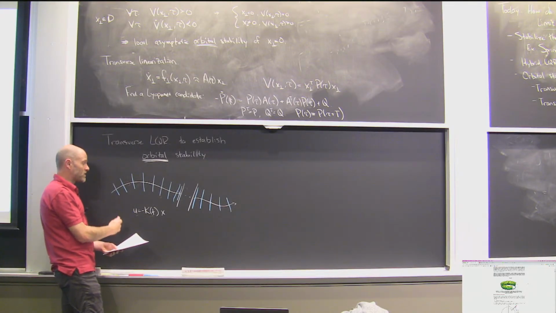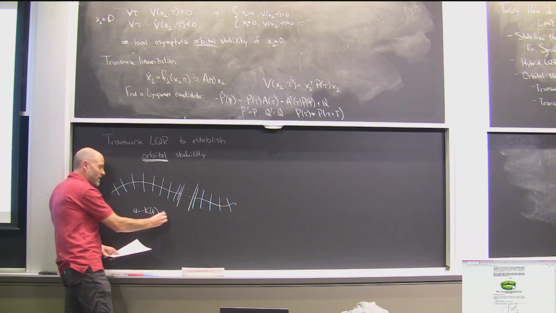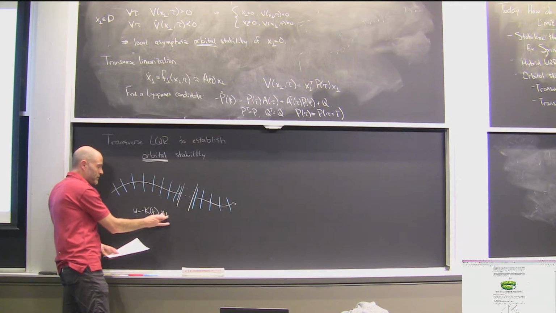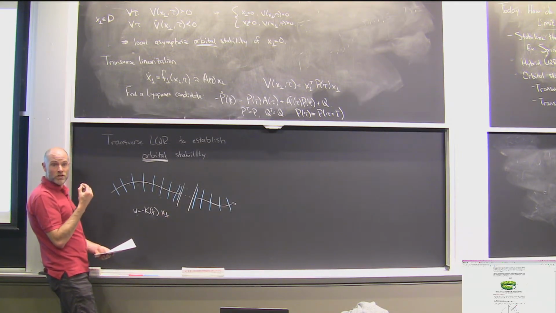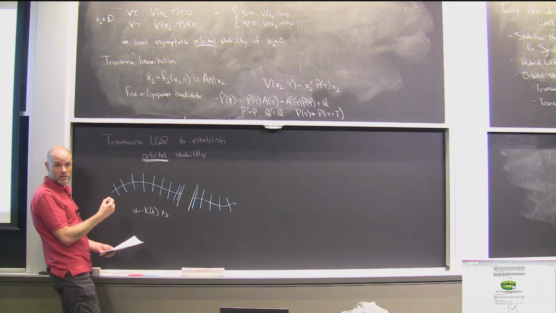So this is the right thing to do, is to not design K in the full coordinates, design K rather only in the transverse coordinates. It's also just a better thing to ask. You're asking your controller to do less.